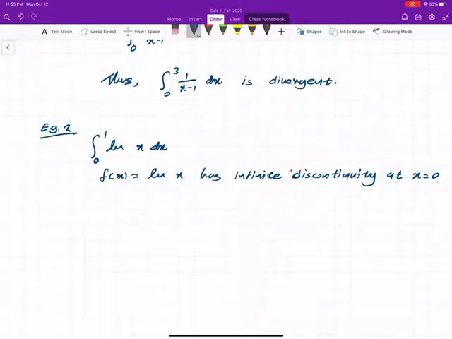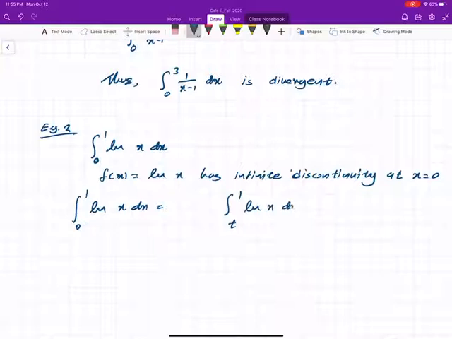Alright, now you have to avoid that point. So you write this integral from 0 to 1 of ln x dx as the integration from t to 1 of ln x dx, and here you write limit t goes to 0 from the positive side.